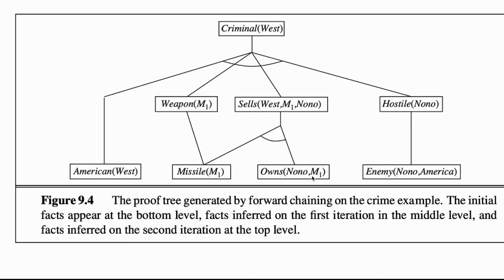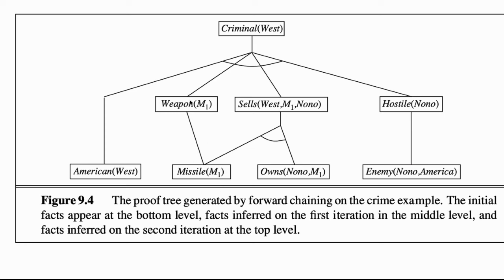So this is a pictorial representation of the process of forward chaining. We began with the statements that West is an American, M1 is a missile, M1 is owned by Nono, and Nono is an enemy of America. From enemy of America, we inferred that Nono must also be hostile.